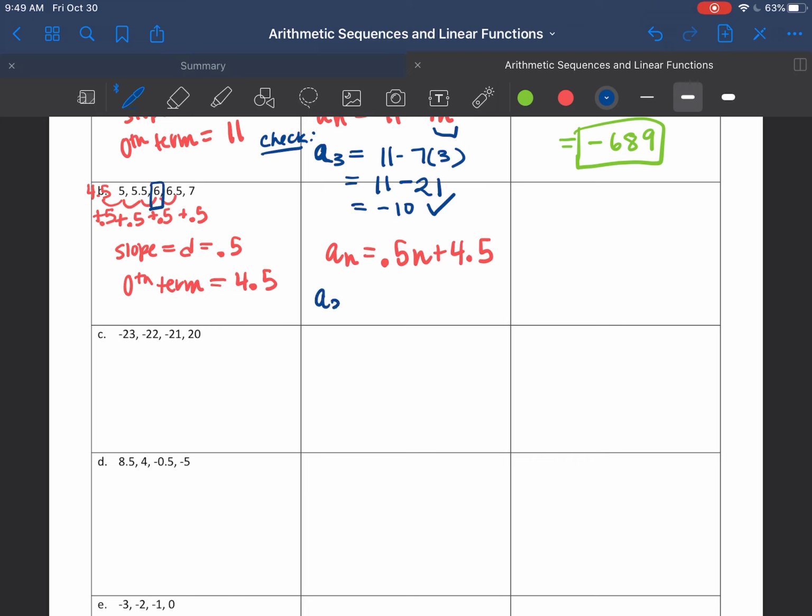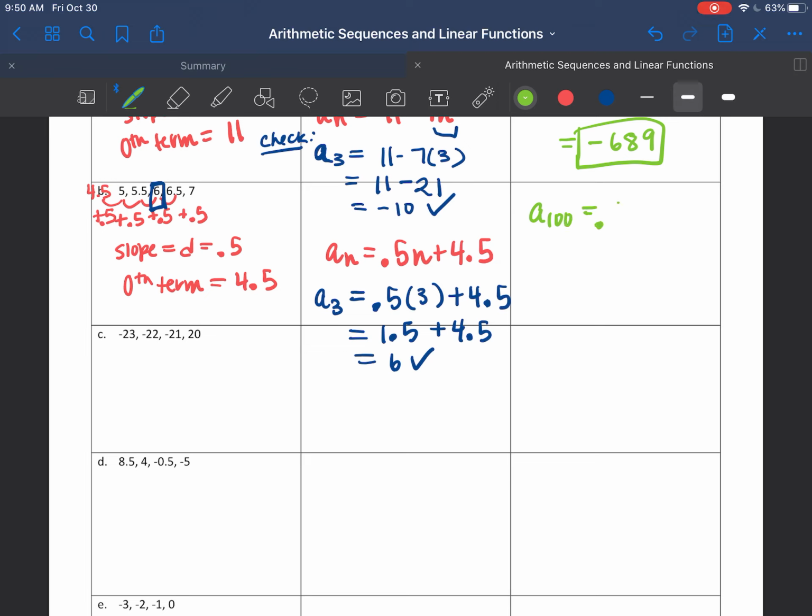Okay, and then remember, I always like to check, say like the third term. Let's check and see if a sub 3 gives us this 6 right here. And so we would be multiplying 0.5 times 3 and then adding it to 4.5. 0.5 times 3 is 1.5 plus 4.5 does give us that 6.